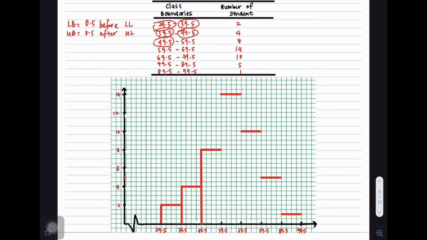So that is the difference between histograms and also the bar chart, right? So we draw the vertical line to connect each bar, and you can see that all bars have the same width, lebar yang sama. Semua bar mesti mempunyai lebar yang sama because we have the same class width. Okay, lebar kelas kita semuanya sama, so semua bar akan mempunyai lebar yang sama.